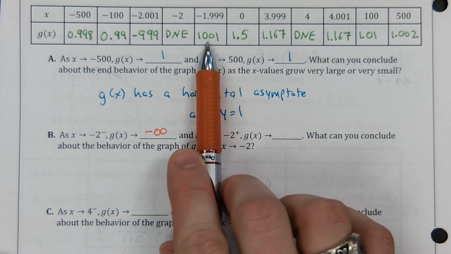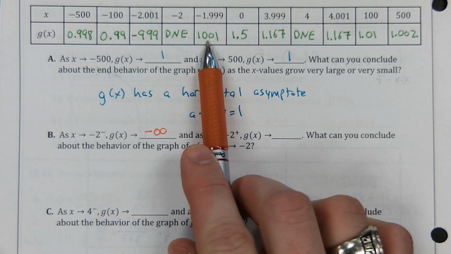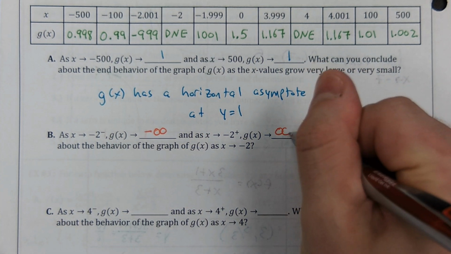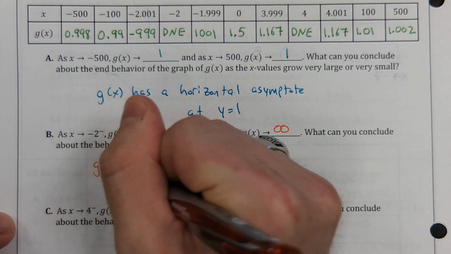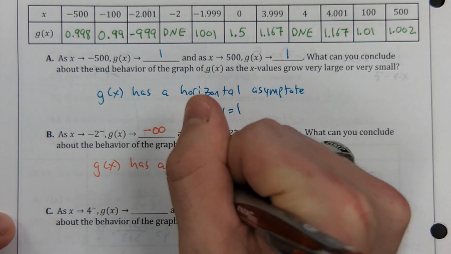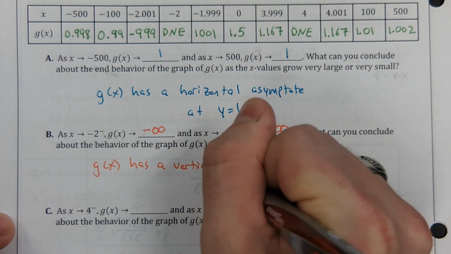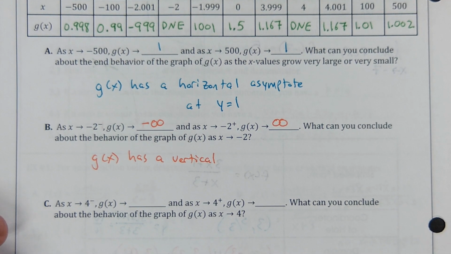That's a big number, a big positive number. Infinity. Our graph is approaching the infinities at that x value. So what does that tell us? Vertical asymptote, because your graph will always go to an infinity at a vertical asymptote.